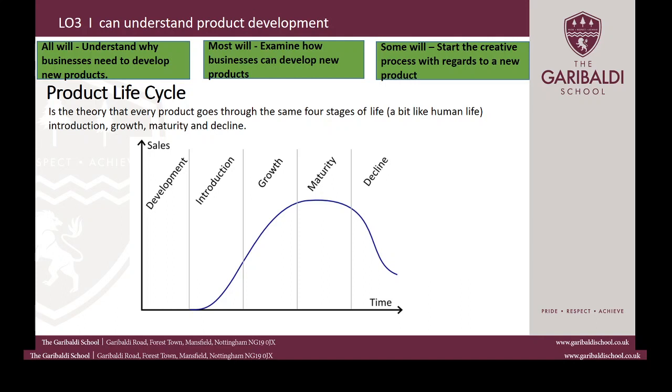So a product, like a person, has a life. And I asked you to do some research and watch a video, which if you need to, you will be able to revisit. Now, the product life cycle is split into 5 stages. So we've got development, introduction, growth, maturity, and decline. Pause the PowerPoint, spend some time to think about what is happening in each of these stages.